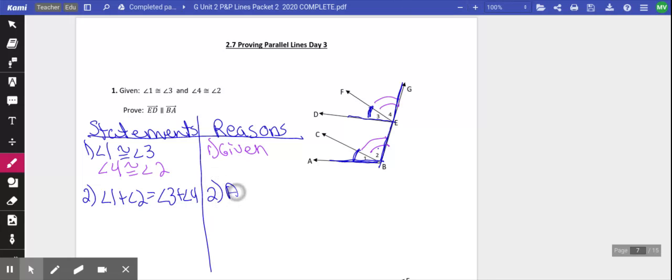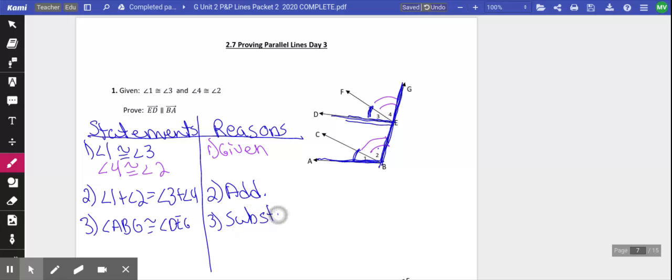And that's addition. And then next I can say that 1 plus 2 is equal to ABG, because that's the bigger angle on the outside here. And that's equal to DEG, which is this bigger angle on the outside. And that's by substitution.